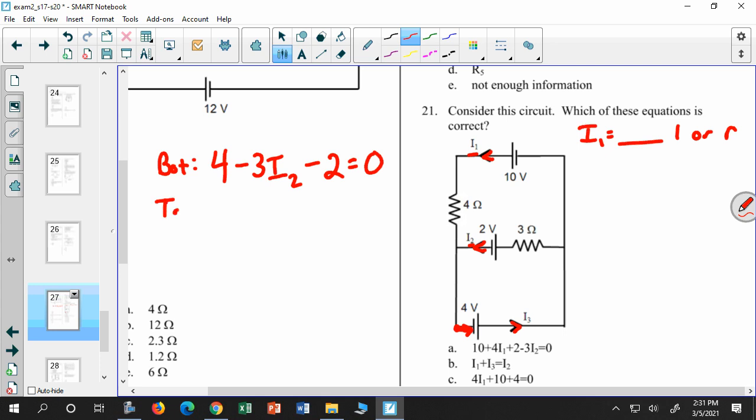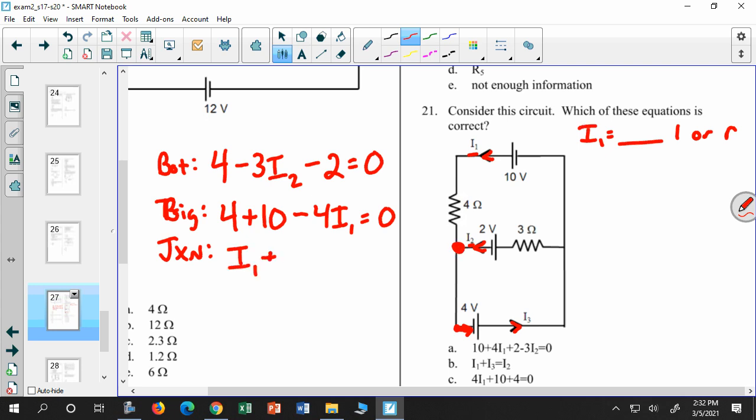The big loop is 4 plus 10 minus 4I1 equals 0. And then I can write the junction rule. I'll just pick any junction. I1 and I2 go into that junction, and I3 comes out of that junction.